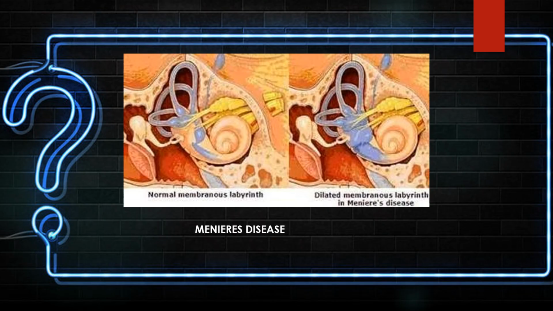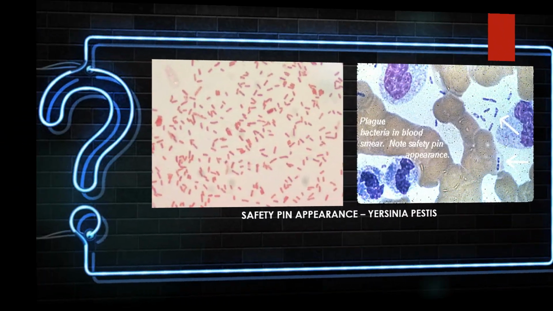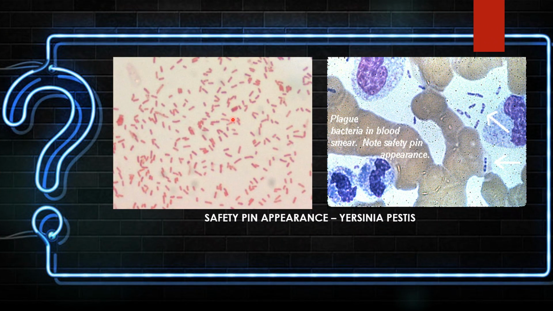The last image was of this particular image where it showed a gram stain image of an organism, a gram positive organism, which had safety pin appearance or bipolar staining, though it was difficult to identify because there are quite a number of organisms showing safety pin appearance.